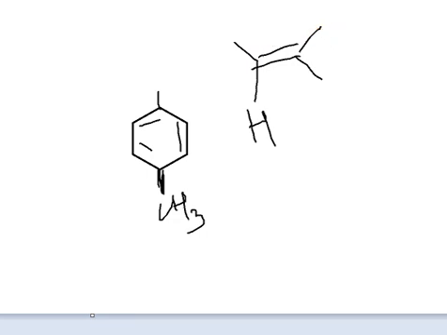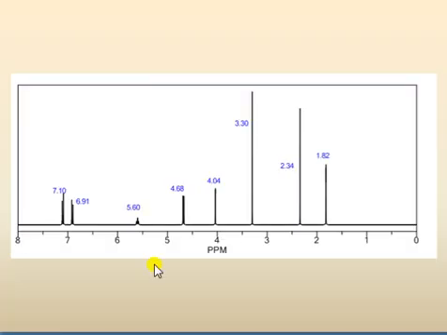If we write OCH3 on this side, and on this side we write CH2, then this will be a doublet due to this one. This is a doublet, and another singlet is here.